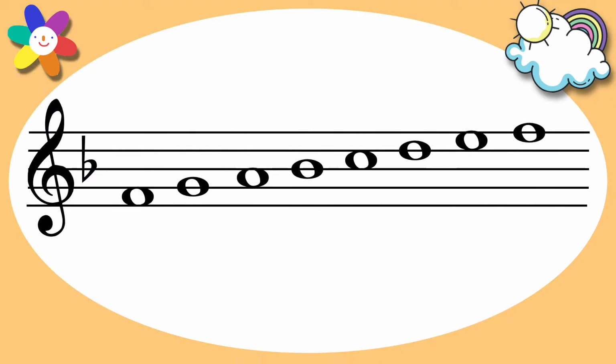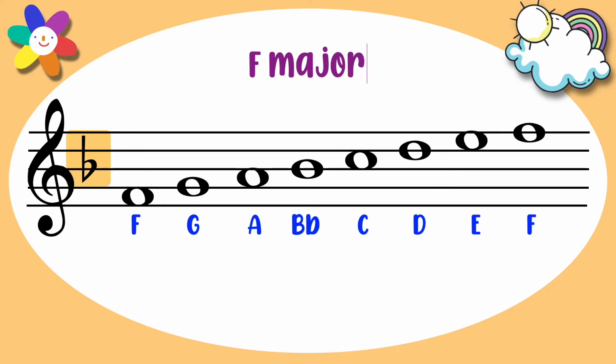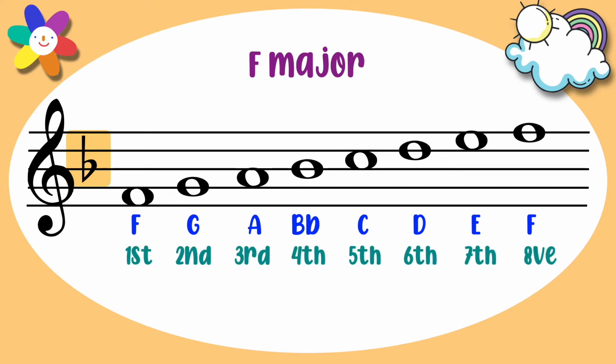Next, let's look at a different scale. Here we have F, G, A, B flat, C, D, E, F. There's one flat in the scale, B flat. This is F major scale. Label the scale degree for F major.